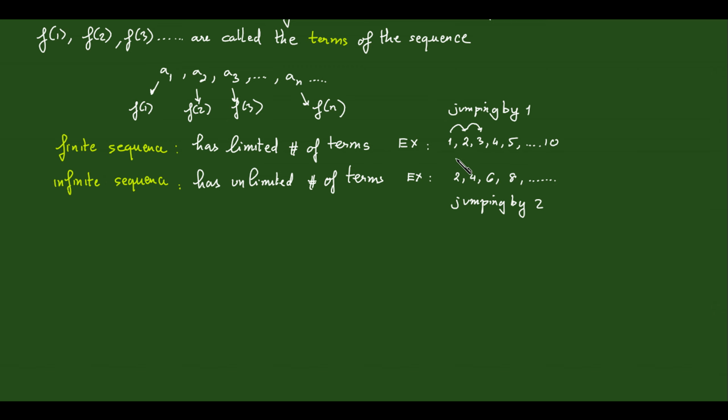So there are two ways to generate the relation for a sequence. The first way we use a recursive formula, and the second way we use an explicit formula. So let's talk about that.